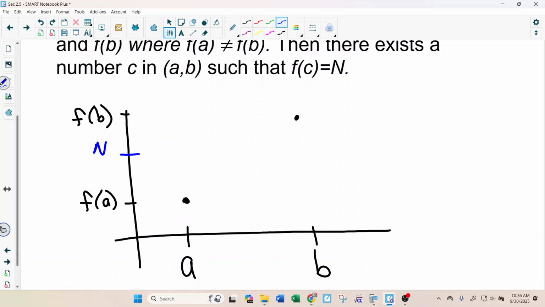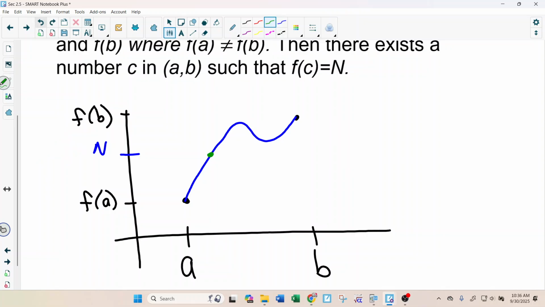Because like we said, if I start here and I go to b, what can I not do with my pencil? Lift it. So somewhere there has to be a point c where f of c equals n.